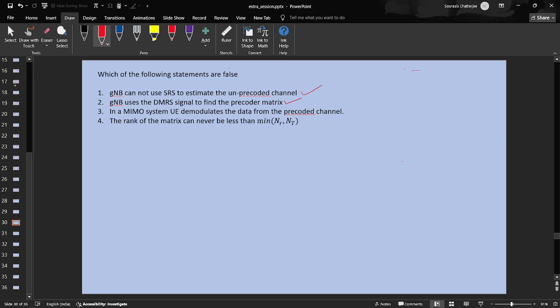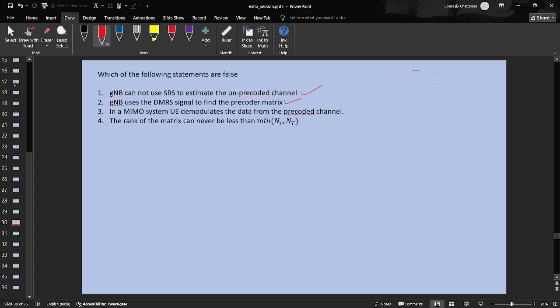But in a MIMO system, the user only cares about the effective channel at its side, right? When the base station does the precoding, the user receives something low dimensional, and that is the only thing they care about.